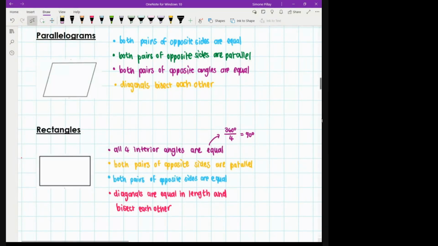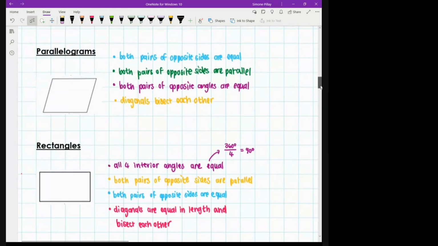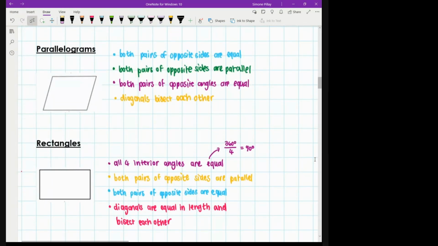Your rectangle is such an important shape. It's super, super important because it's tested almost as much as triangles are tested. So if there's any shape you're going to want to memorize the properties of first, it's going to be your parallelogram.